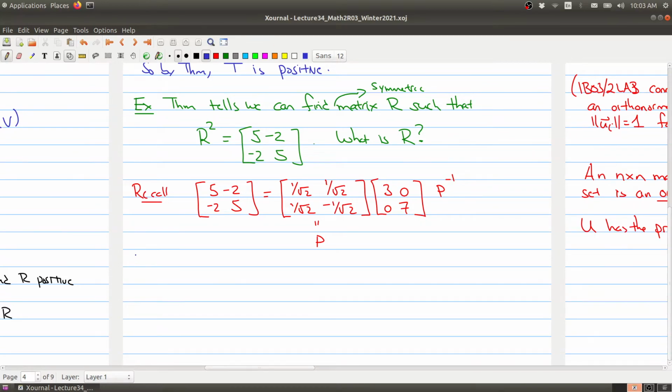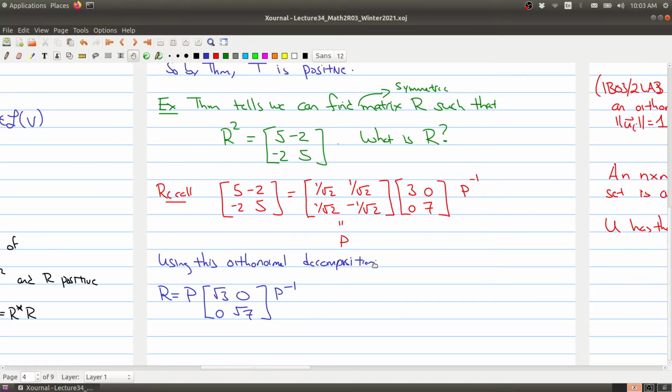So using this orthonormal decomposition, what we do is we set R, we use the same matrix P, and then instead of using the diagonal matrix, we take the matrix where we take the square root of every entry on the diagonal, times P inverse.